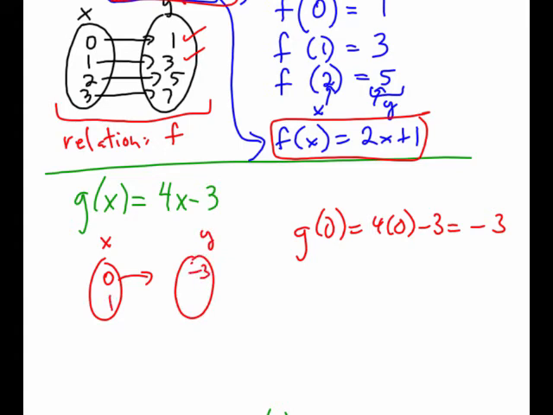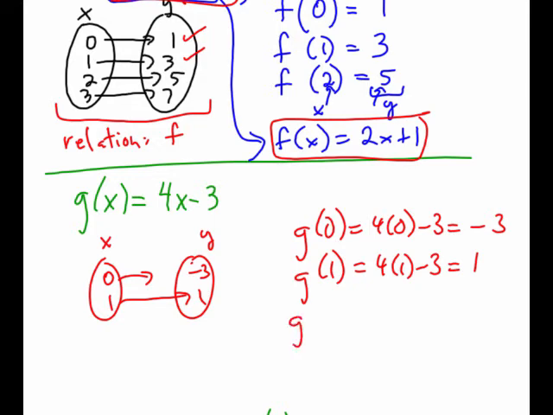If I inputted 1, which is g of 1, means I'm putting in 1, what comes out? Well, 4 times 1 minus 3 comes out, which is 1. Okay? Input and output.